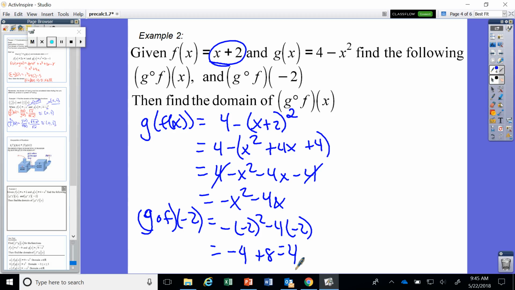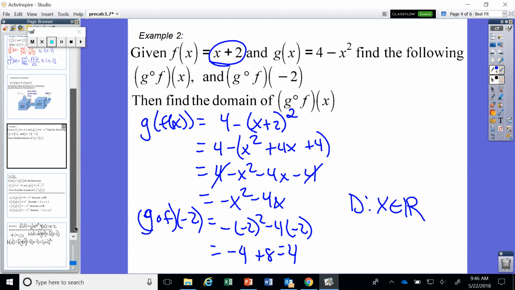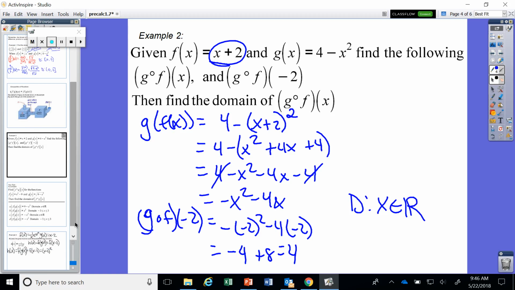So the question you ask yourself is, is f's domain in g? Yes, it is. They're the same thing. They're both negative infinity to infinity. And so the domain is all real numbers. All right. So there is an example involving our composition of functions.